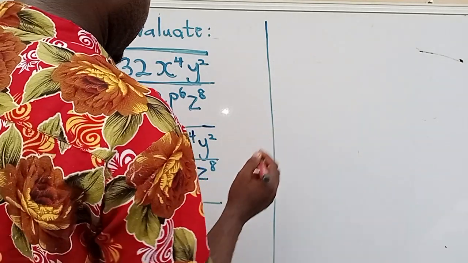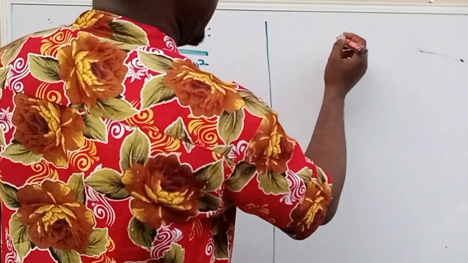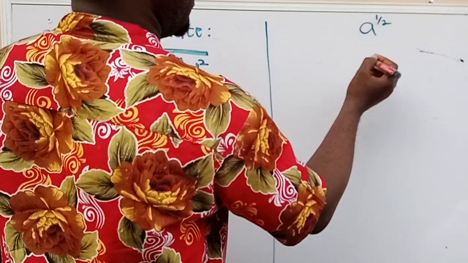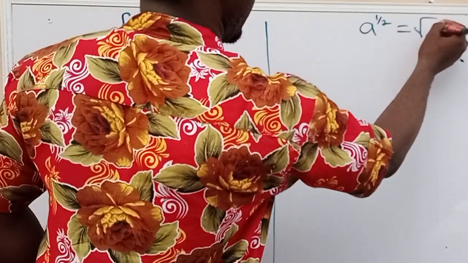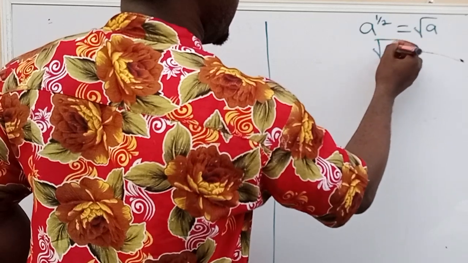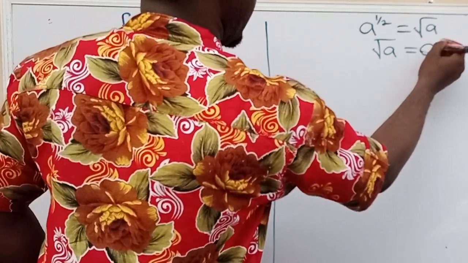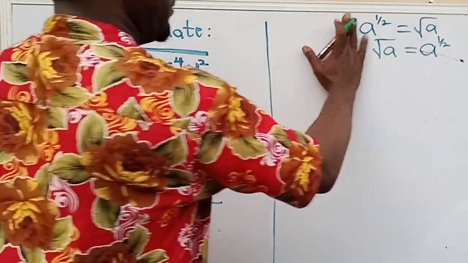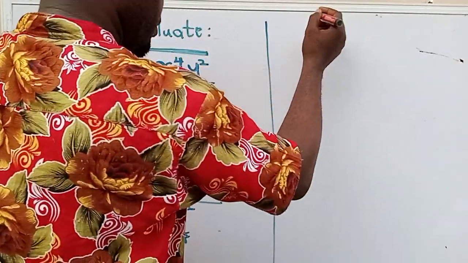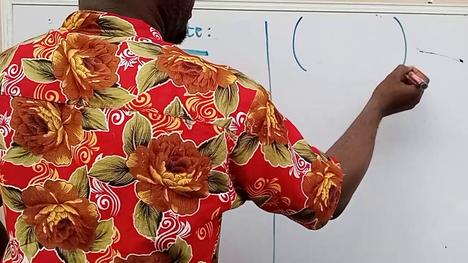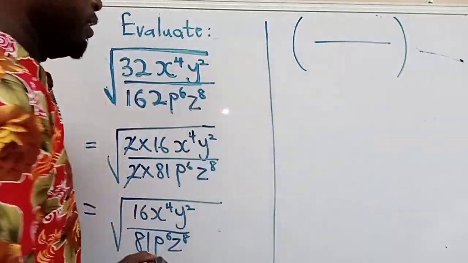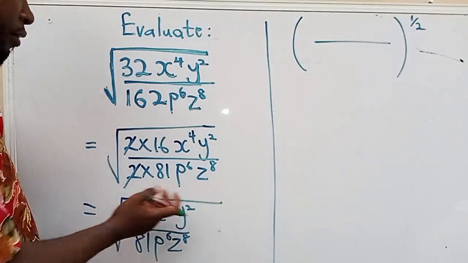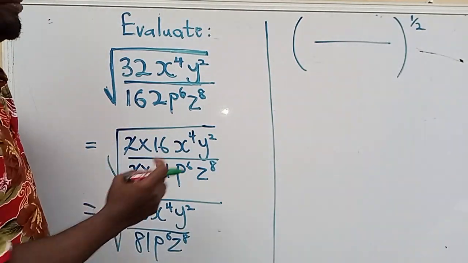Now don't forget, in law of indices, a raised to power 1 over 2 is the same thing as square root of a, or let me say, square root of a is the same thing as a raised to power 1 over 2. So I'm going to apply that here. I'm going to put everything into brackets, but it's going to have the power of 1 over 2 because of the square root that is involved.